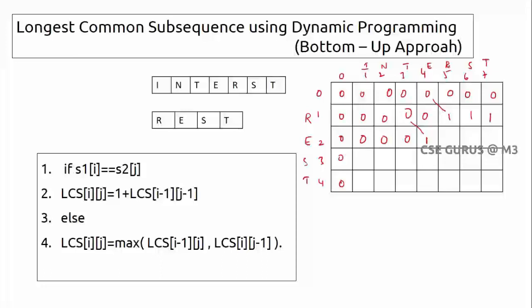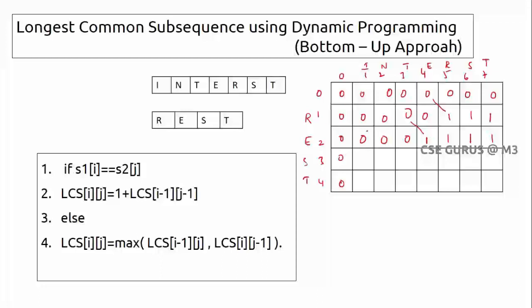Now E and R not matching, so maximum of 1 comma 1, which is 1 only. E and S not matching, again maximum of 1 comma 1 is 1. E and T, what is the max? Again 1, right? So no matching.